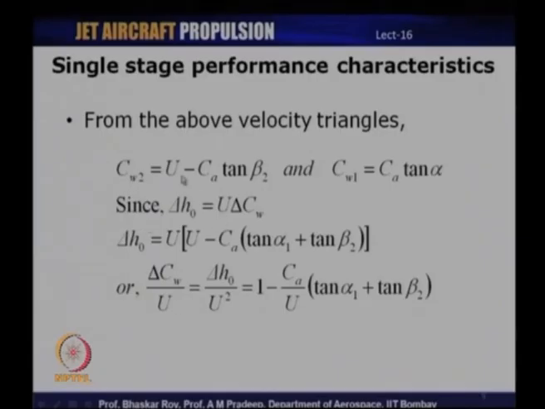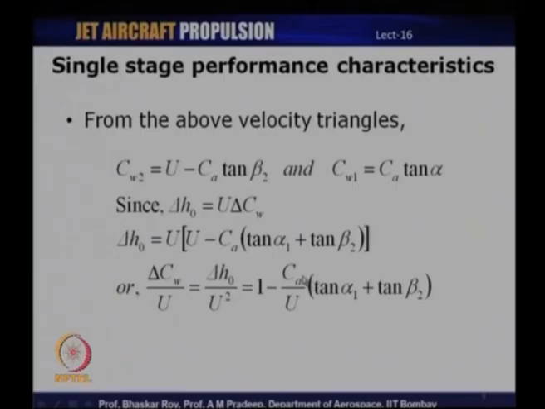So, if we were to substitute for Cw2 and Cw1 here, we get delta H naught is equal to U multiplied by U minus Ca times tan alpha 1 plus tan beta 2, or delta Cw by U is equal to delta H naught divided by U square, which is 1 minus Ca divided by U into tan alpha 1 plus tan beta 2. So, what we have here is the specific work ratio or the stage loading, which is expressed in terms of two important parameters.